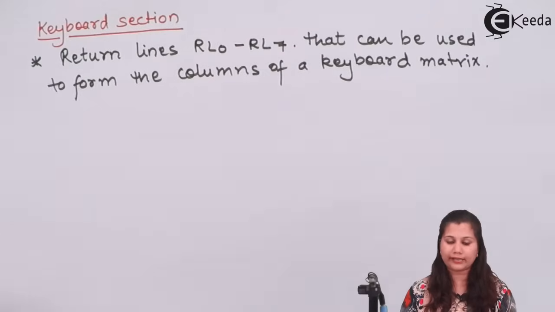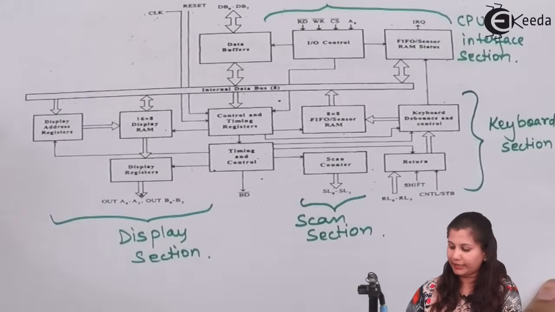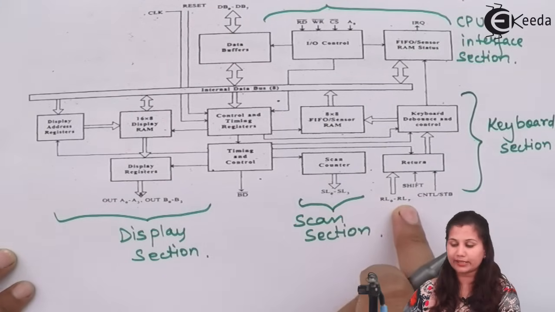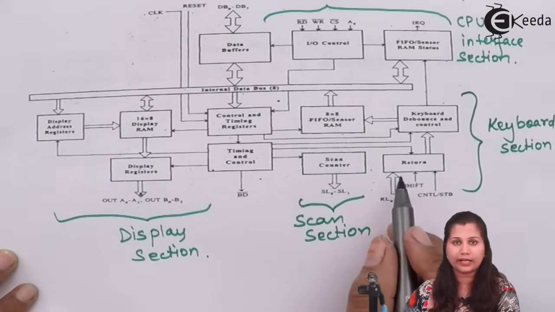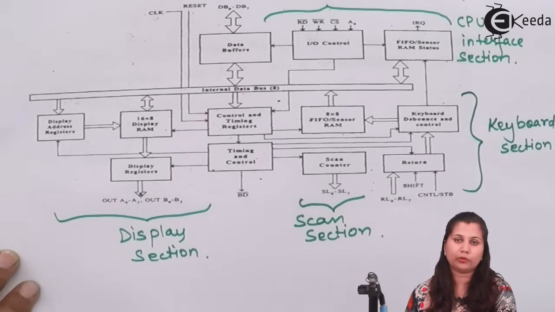These return lines can be used to form the columns of a keyboard matrix. You can see in the block diagram the return block to which the 8 return lines RL0 to RL7 are connected, and these lines are used to form the columns of the keyboard matrix.